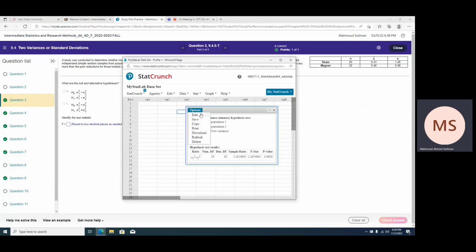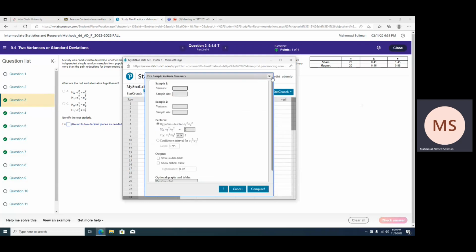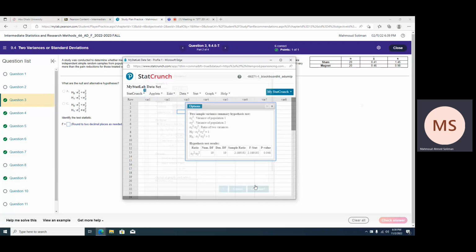So we go back, close this one, start. Variance, two sample, summary. We put the first one, 1.49 squared, then 20, and then 0.98 squared, and then also 20. And here, greater.